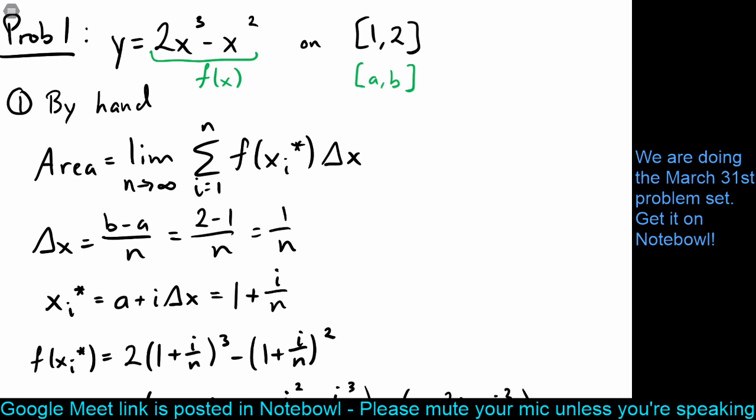That says how long the interval is. And then the over n part just says, all right, now we're cutting it into n pieces, n equal-sized pieces. That look all right?